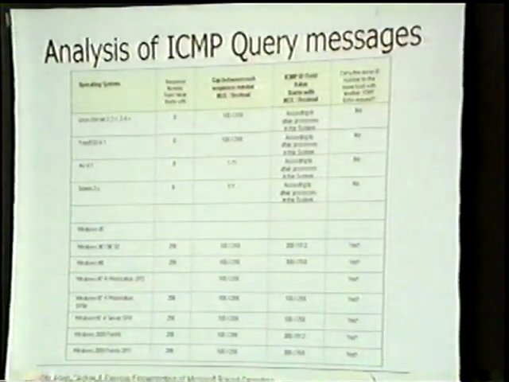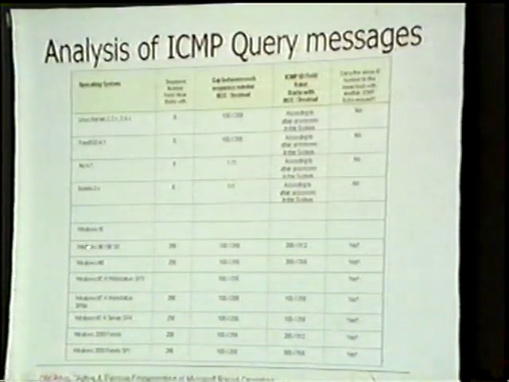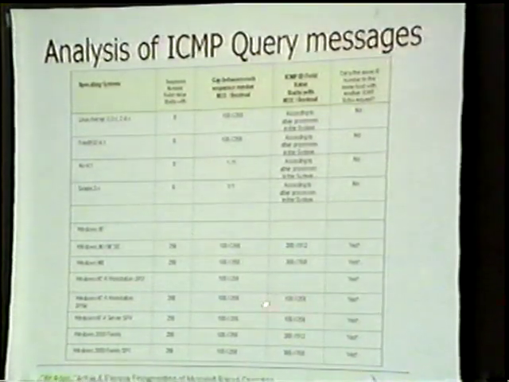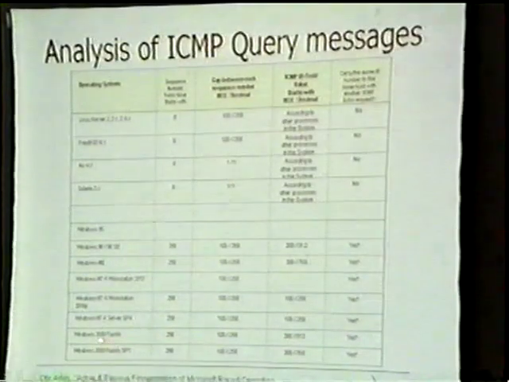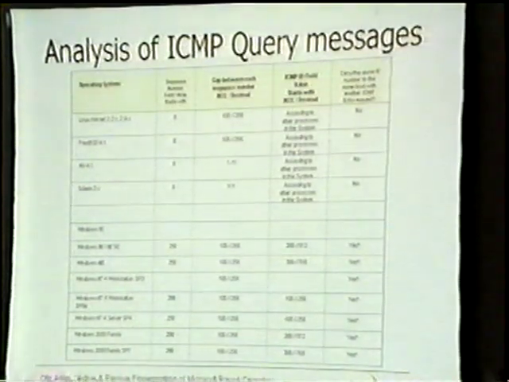So I asked the Microsoft guys, why have you changed that? And the answer was no answer. Now if you look closely, we can differentiate between 98 SE boxes and NT boxes, and we can even differentiate between 98 and 98 SE because of the IP ID gap.